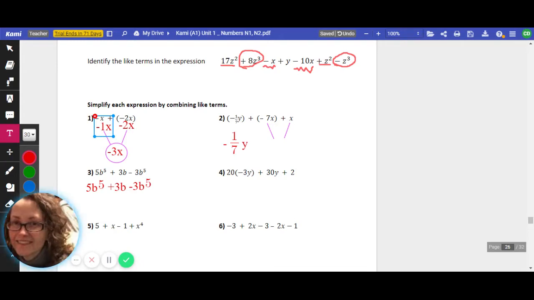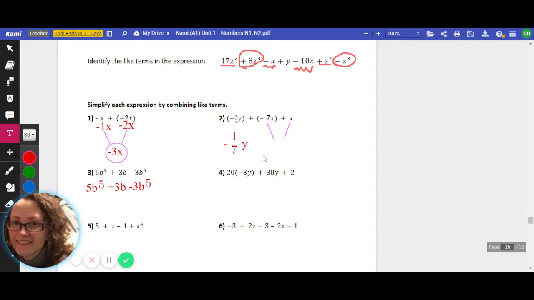If there's no number written here, I can always put a 1 in because multiplying by 1 is just going to give me x, or in this case, multiplying by -1 is going to give me a negative x. So if I add the -1x and the -2x, I get a total of -3x.